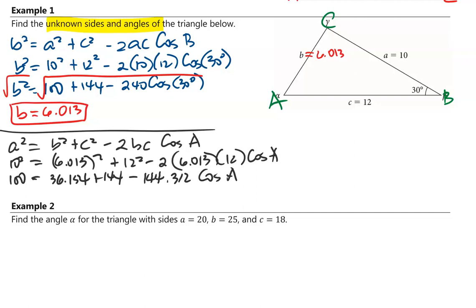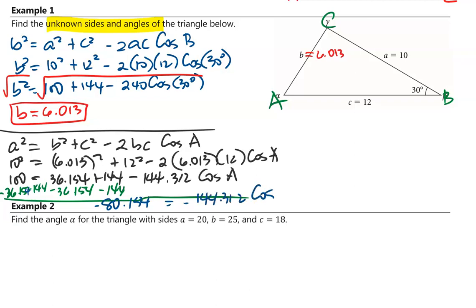Then we subtract 36.154 and 144 from both sides, and you get 100 minus 36.154 minus 144, which is negative 80.154, equal to negative 144.312 cosine of angle A. Then divide both sides by negative 144.312.